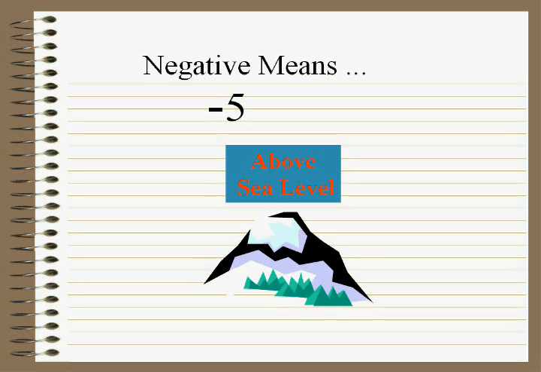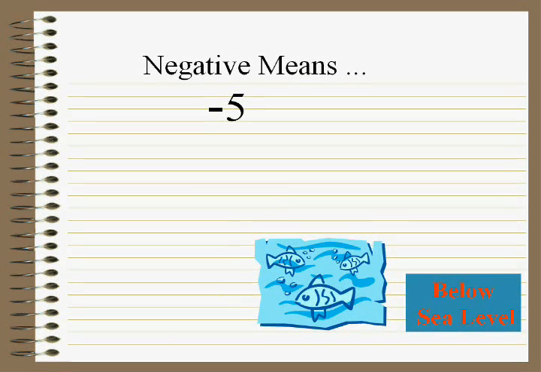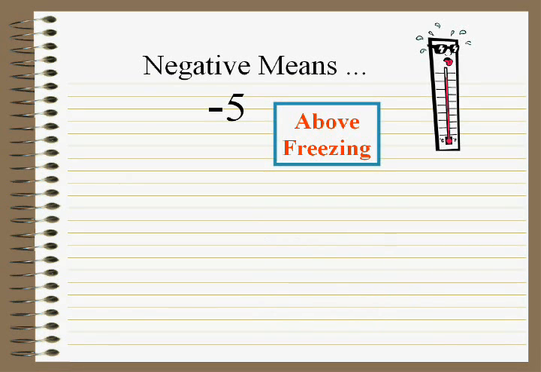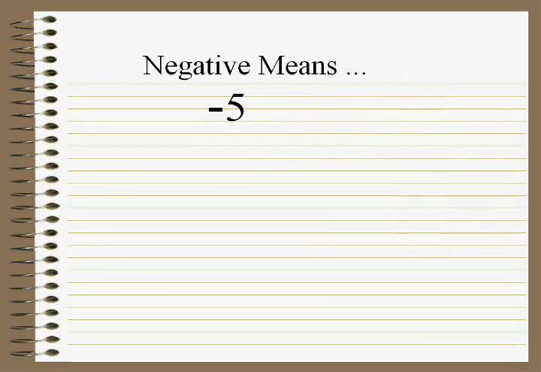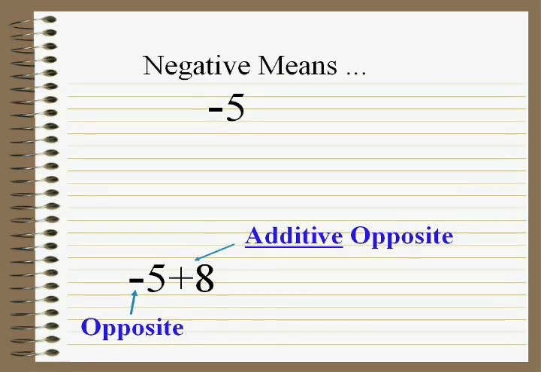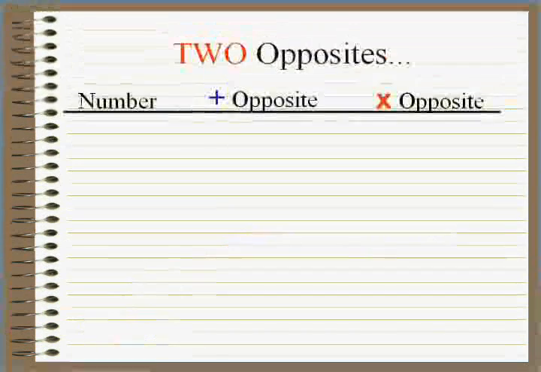We talk about the opposite, below sea level. Or the opposite of above freezing is below freezing. That's how we use negative. We use the opposite, don't we? The additive opposite of 5 is negative 5, that's the additive opposite when we add a negative.